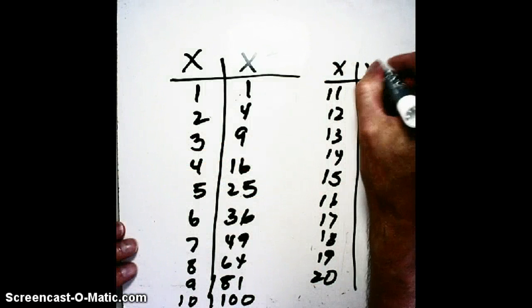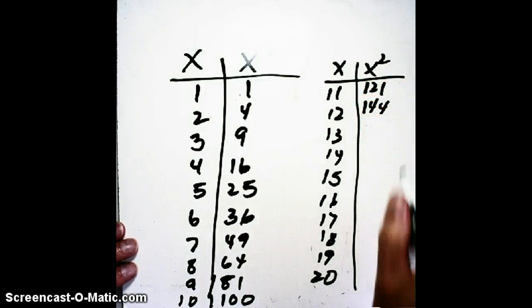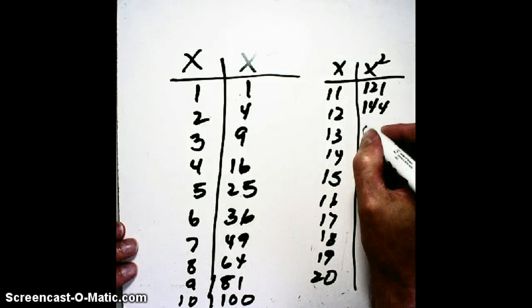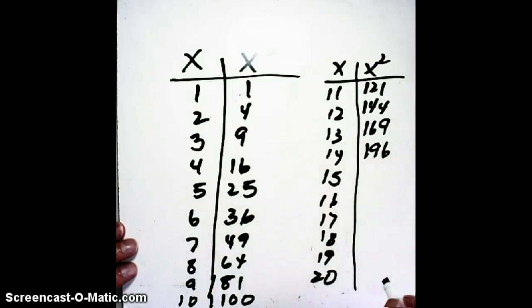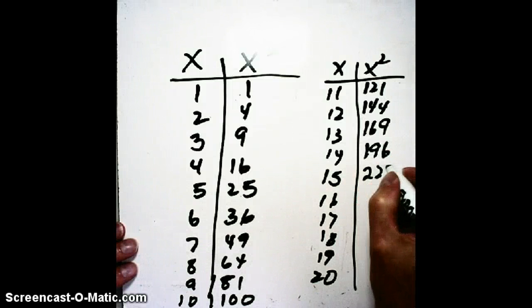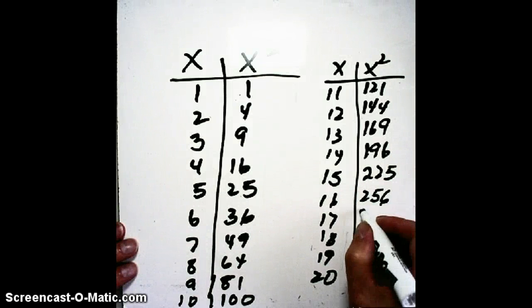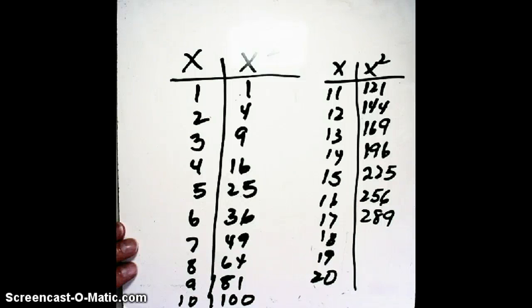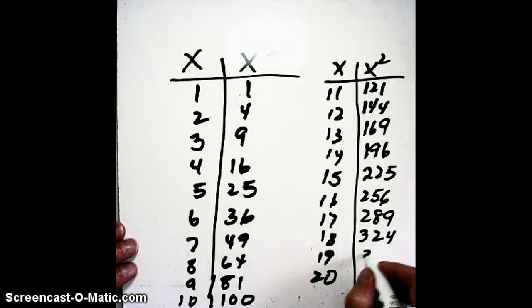So remember, that's x squared. 11 squared is 121, 12 squared is 144, that looks gross. 13 squared is 169, 14 squared is 196, 15 squared is 225, 16 squared is 256, 17 squared is 289, 18 and 19. This one is 324, and this one's 361, and 20 squared is 400.